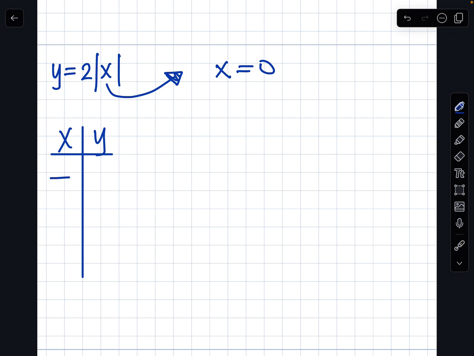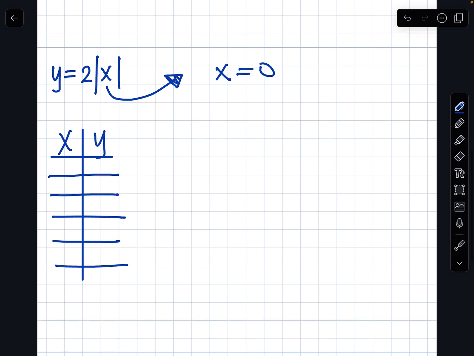Okay, so when I make my chart over here, I'm going to leave 5 spaces, and I'm going to put 0 in the middle. Now, after I put 0 in the middle, all I need to do is choose the numbers that are on either side of 0. So what numbers are on either side of 0? -1, 1.